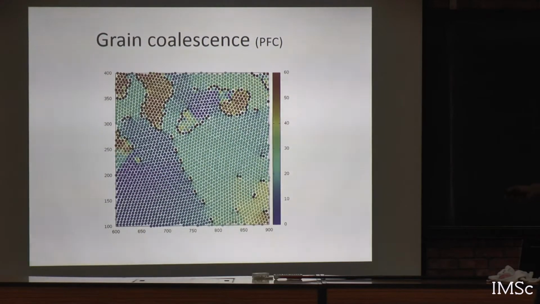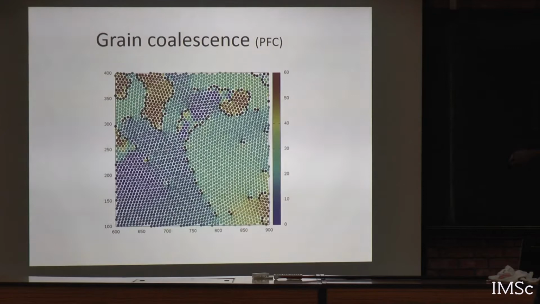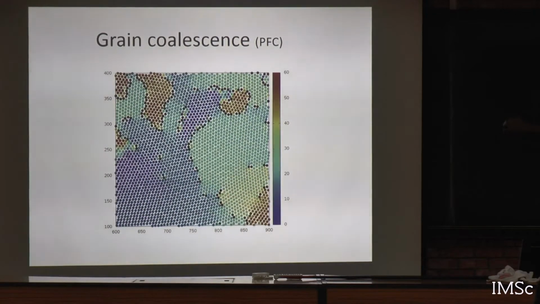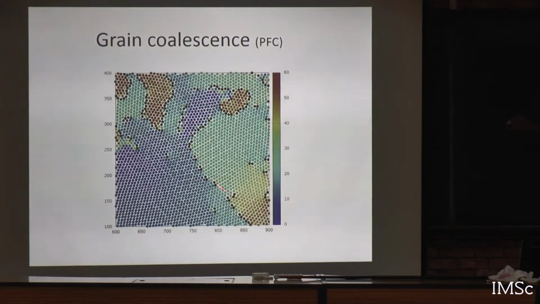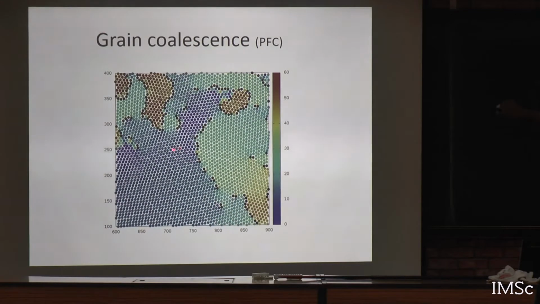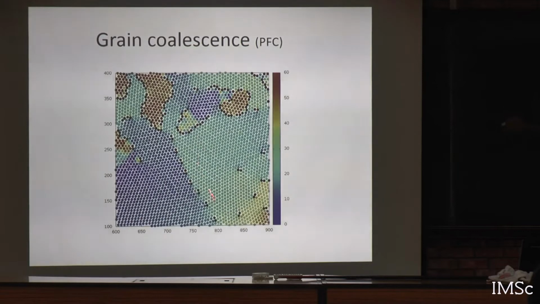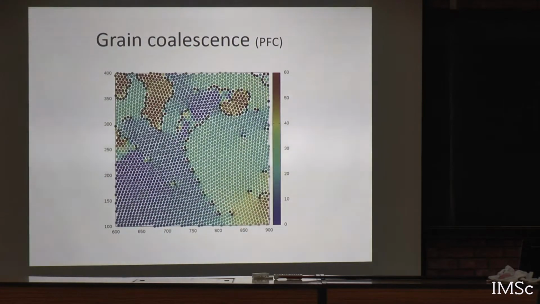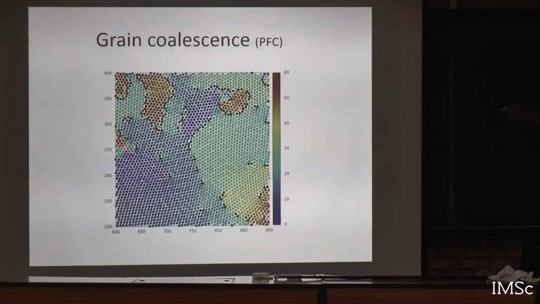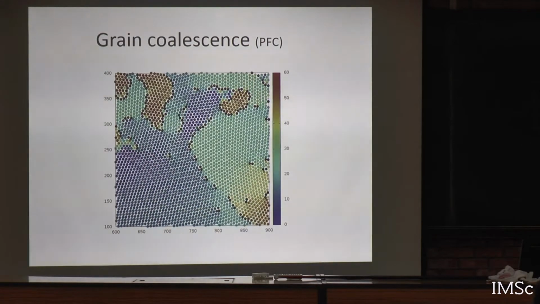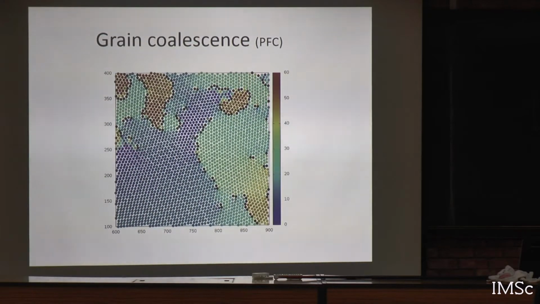So what you see here is that a big grain is forming, and this grain boundary rotated also. Initially, I will just do it once more, it was here, and then it is moving, and there was another small grain boundary here that has vanished. Coalescence of grains typically will happen when the misorientation is low.